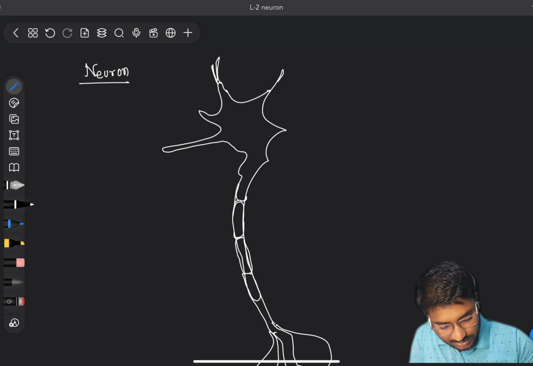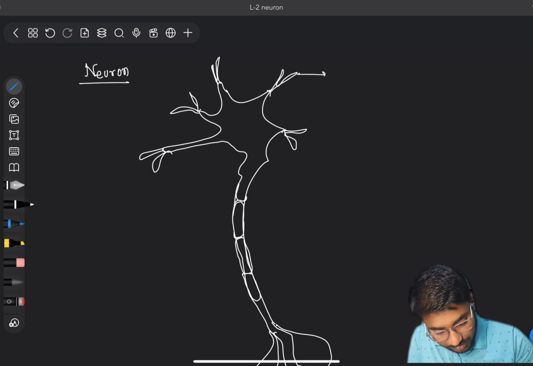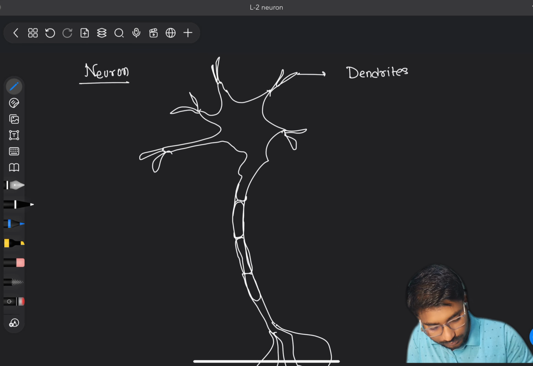This structure will not come in the exam because we are not giving the class 10 examination. Just to make you understand, I have drawn a structure. Now these are called the dendrites. You all know it.